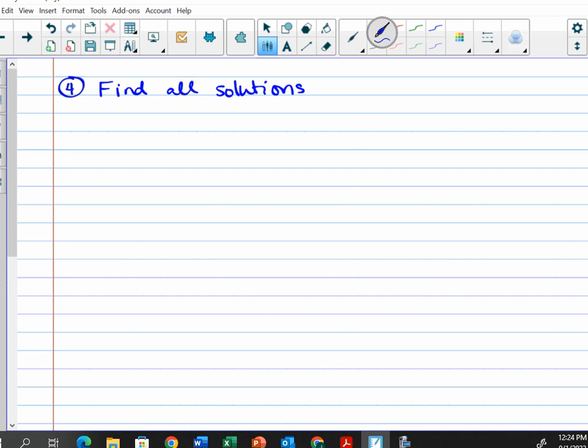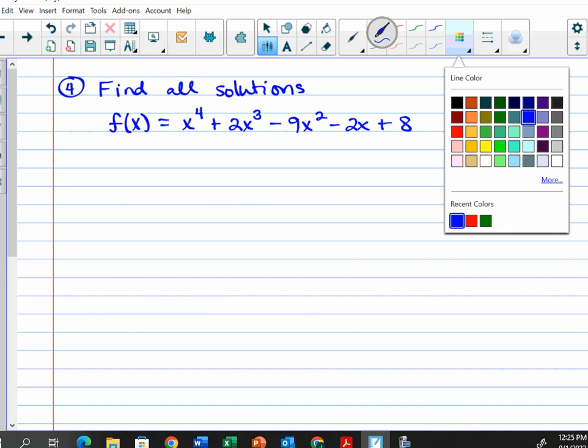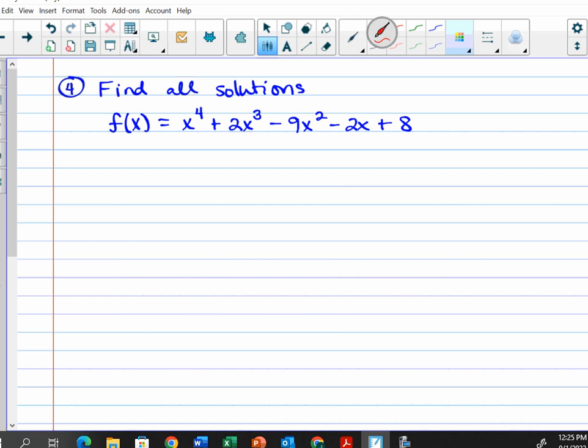Let's do f of x equals x to the 4th plus 2x cubed minus 9x squared minus 2x plus 8. All right, what do we need first?